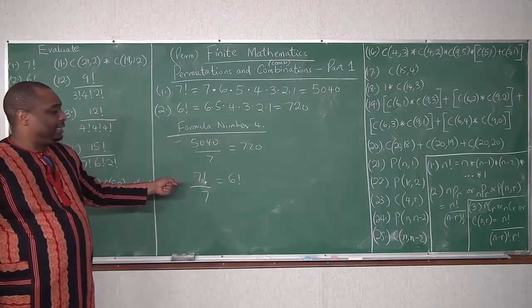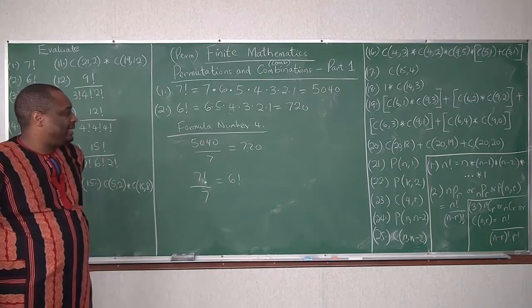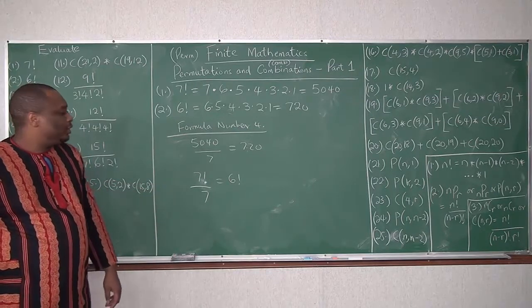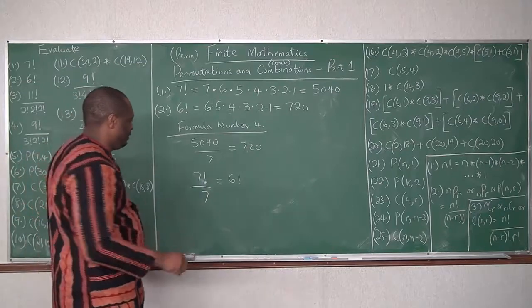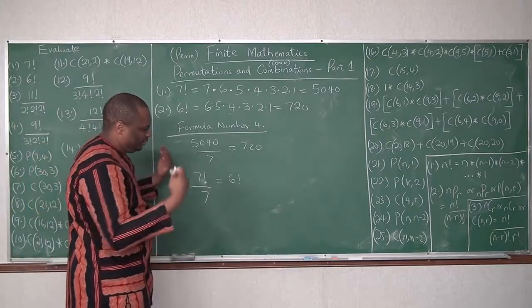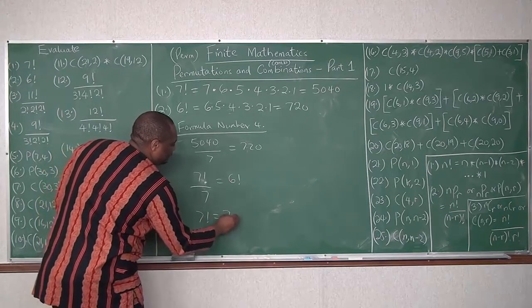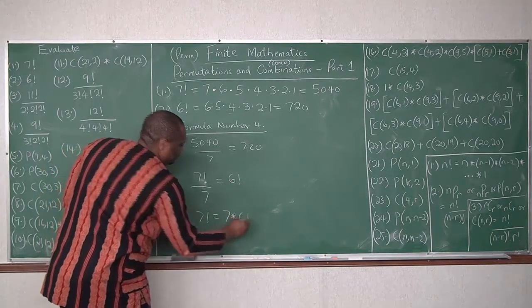Do you see what I just did now? So folks, what is the formula I'm going to give you now? And you can now say that this 7 factorial is 7 times 6 factorial.